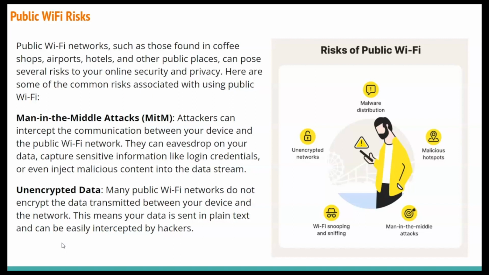This means your data is sent in plain text and can be easily intercepted by hackers. So it is very easy for hackers to capture your data as it is sent in plain text when we are using any public Wi-Fi network, as they are not secure networks. So moving on to the next points.